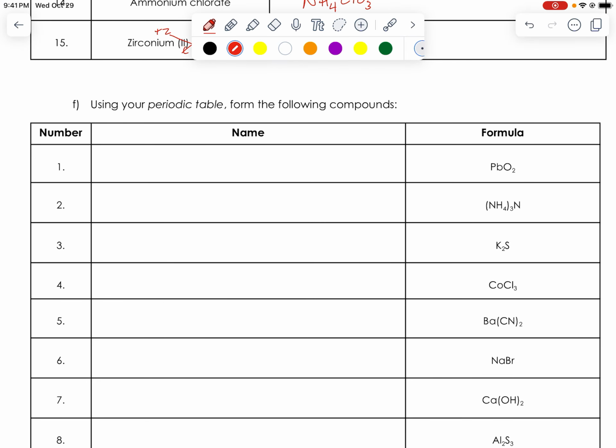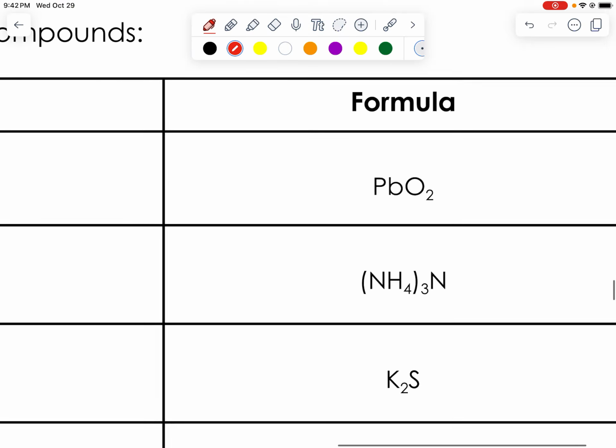Rules for ionic naming. Let's look at the first one. You list the metal as is, lead. And then the non-metal, if it's a single element like oxygen, you just turn it to an "ide" suffix, so oxide. We don't really care about the subscript 2, although that does factor in for the name because we do have to include a Roman numeral for lead.